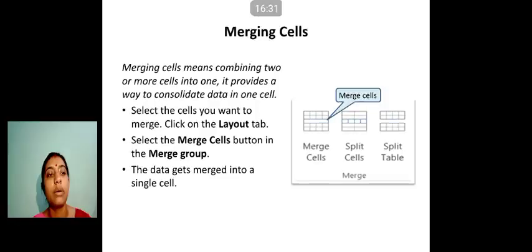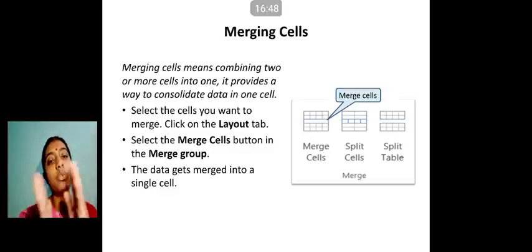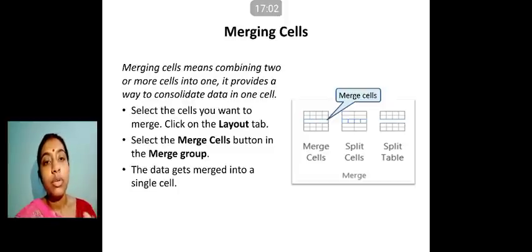After that, let's see how to do merging also. Before going to the practical part, let's see what merging is. Merging cells means combining two or more cells into one. What we have seen is that splitting means we are dividing one thing into parts.